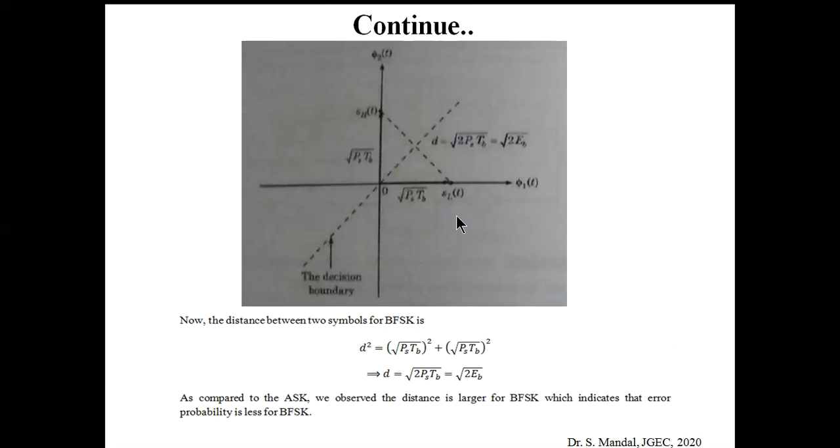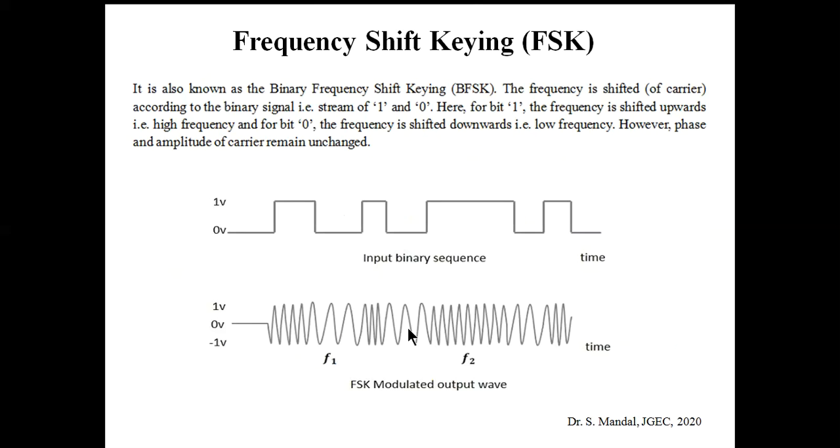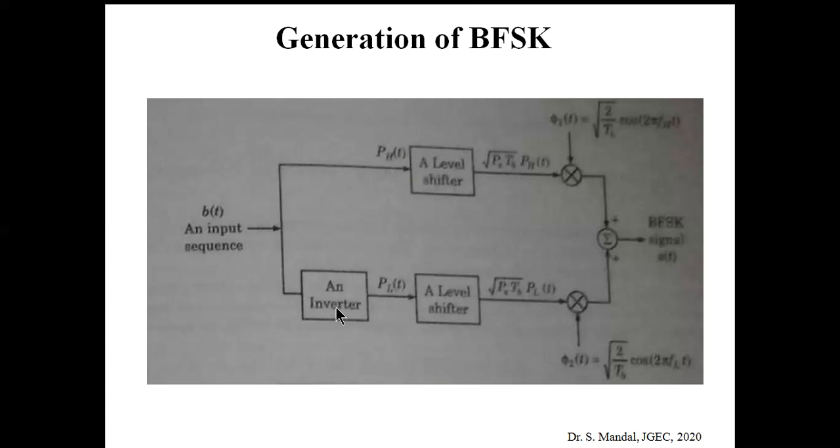But ultimately, if you observe the FSK symbol, for 0 there should be a carrier signal, which has low frequency.